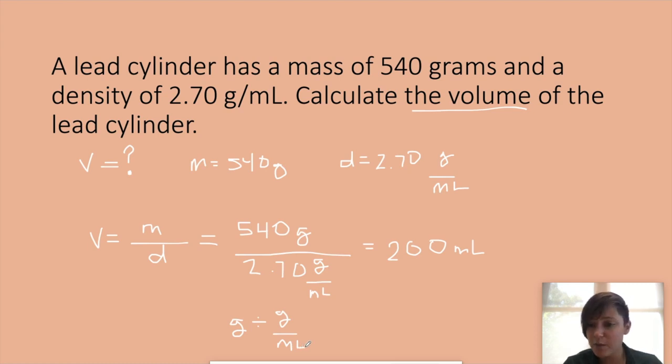So if you remember, when we divide fractions, this is actually equal to the same thing as G times milliliters per gram, okay? So these grams are actually going to cancel out because G divided by G is going to be 1. And so then 1 times milliliters is just milliliters. So we're actually left with milliliters here. That's good because we know milliliter is a measure of volume, and that's what we were looking for.